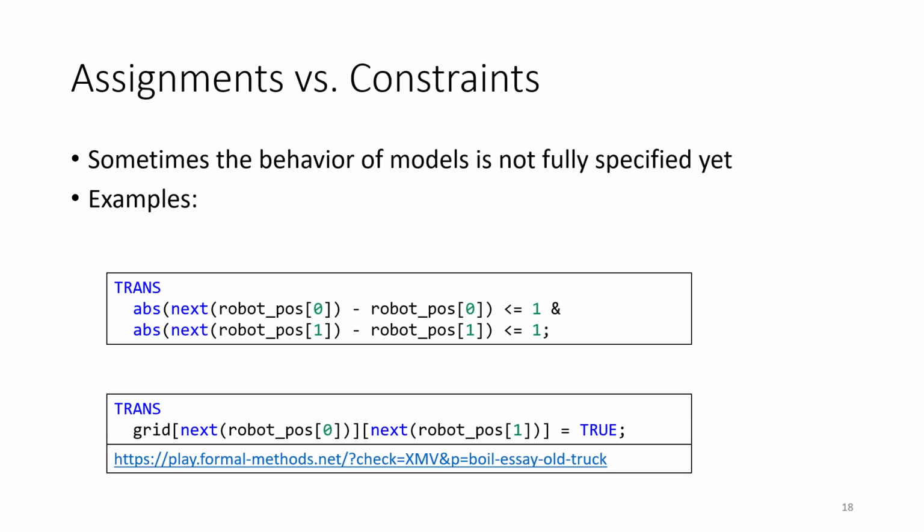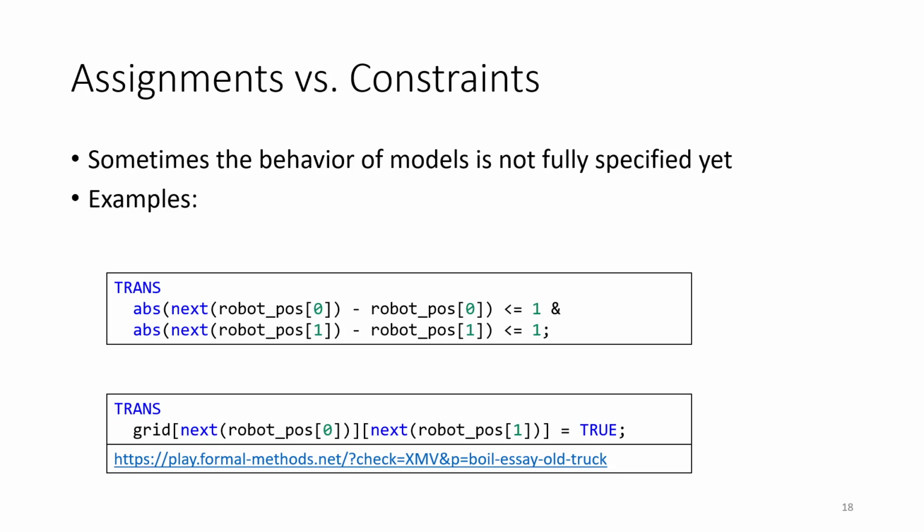And then we could say, well, there are some transitions where we need to make sure that the grid position of the 2 robot coordinates in the next state is, well, true. So if we have a grid of Boolean values, then being true could mean that this is a field that the robot can visit. And being false means maybe this is a wall.